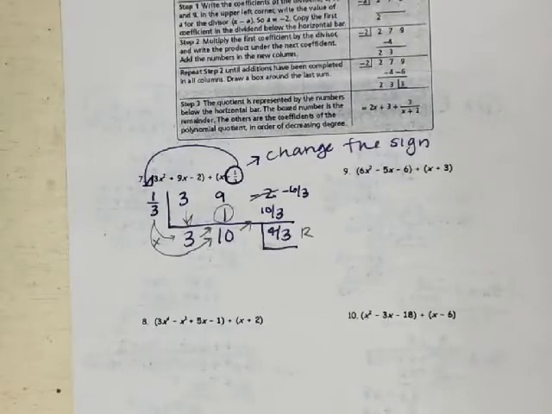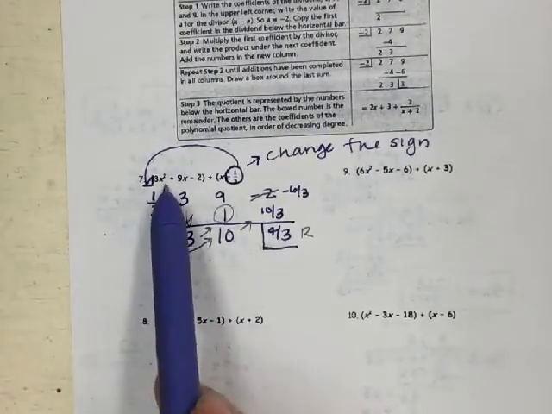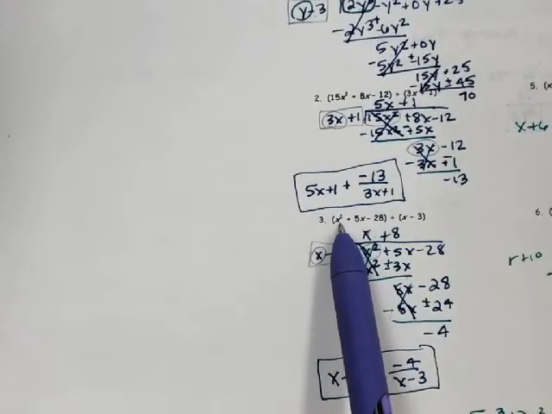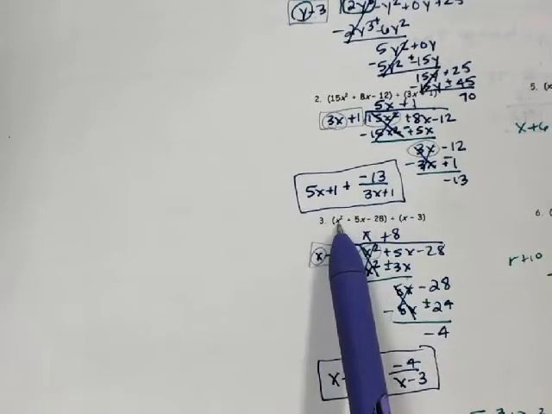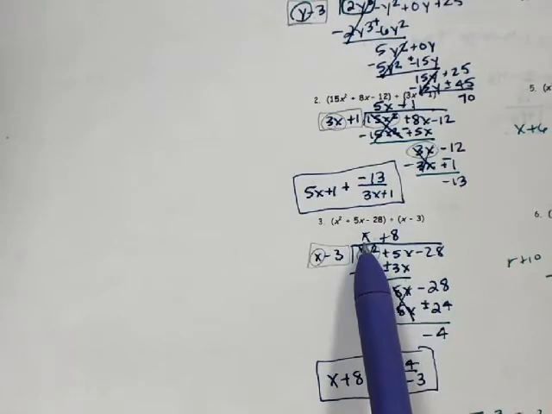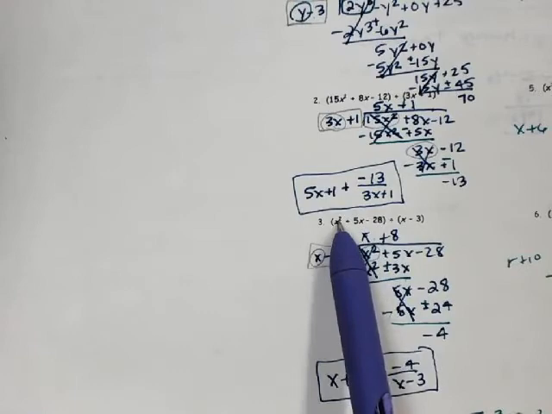So what you're doing is you are dividing out an x. I started with an x squared, I divided out an x, and just like on the long division, our answer was just x to the first power. It's always 1 less than what we started with.